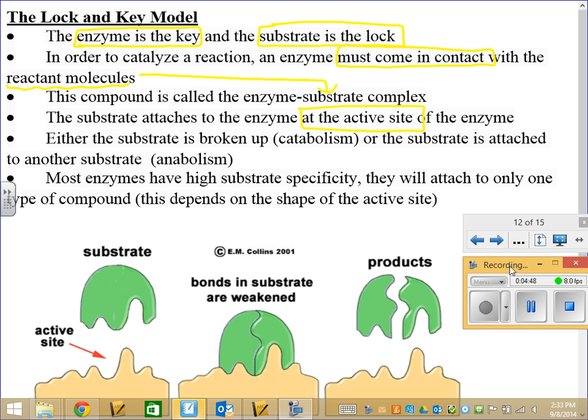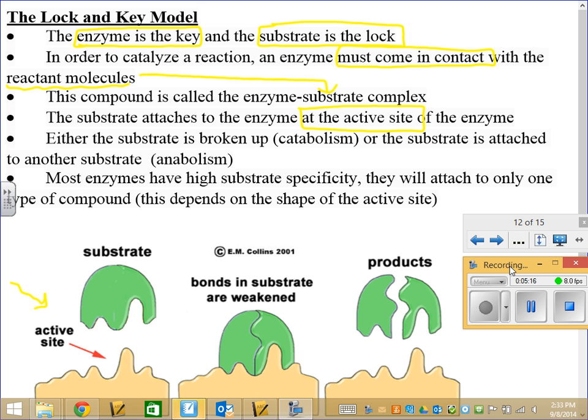So an active site is the spot on the enzyme that's the same shape as the substrate molecule. So if you look at my silly illustration down here, you'll see that in my picture, I have a nice goobery, fingery, gooey shaped enzyme and a substrate that's exactly the opposite shape.